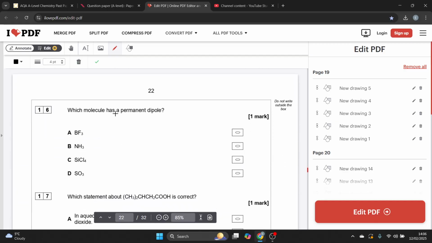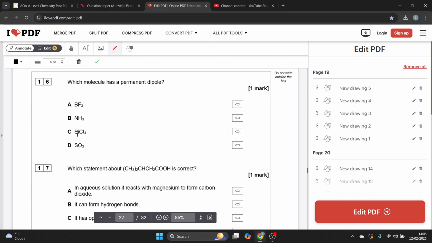Which molecule has a permanent dipole? Now, SiCl4 is symmetrical, so won't. BF3, well, boron's a group 3 attached to 3, that's not as well.